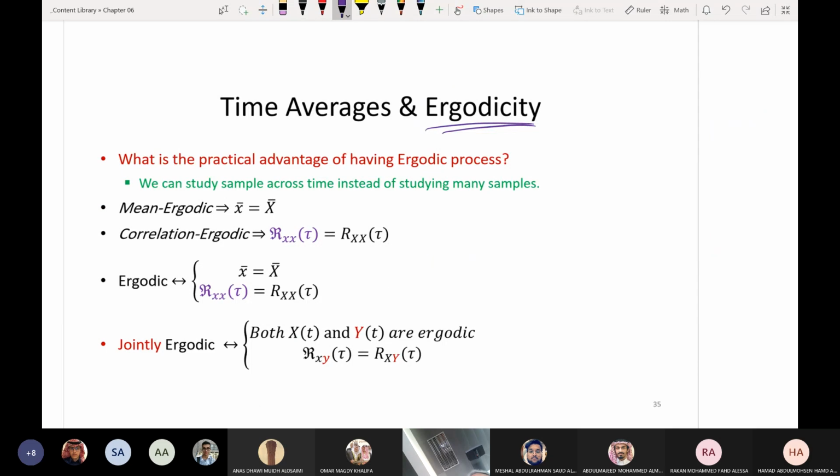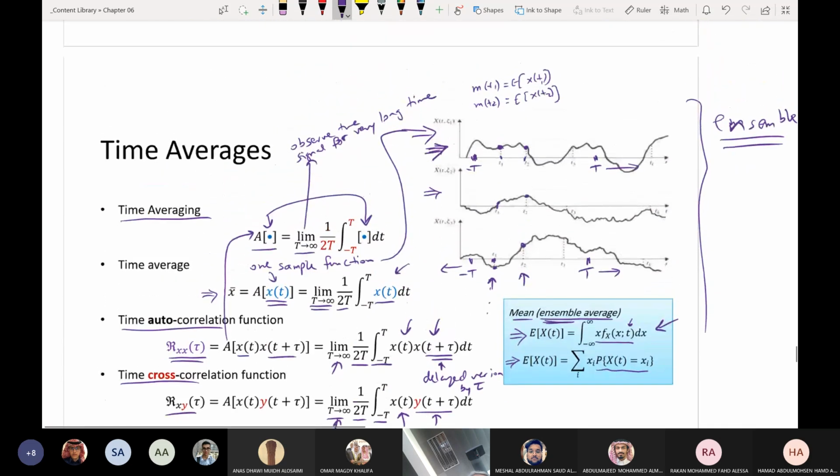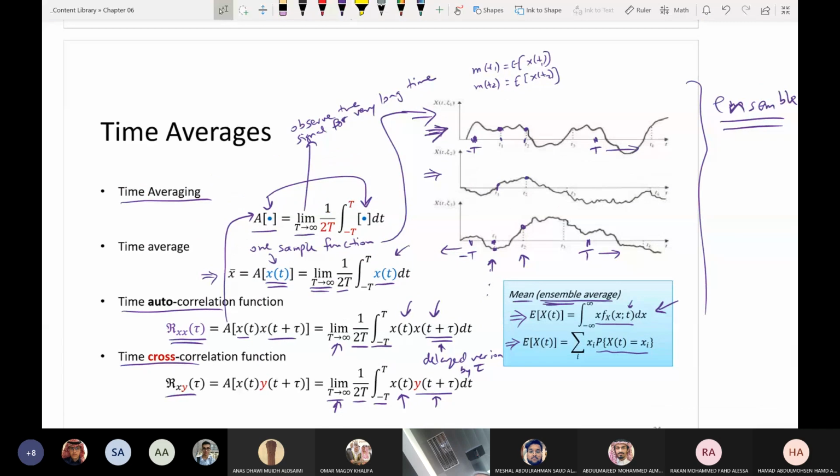A mean ergodic random process means the time average equals the mean, or the ensemble mean. إيش معناها? Let's go back. This means the following.